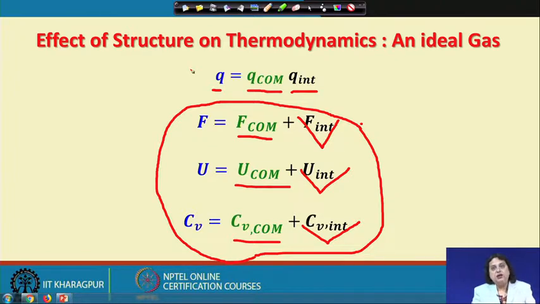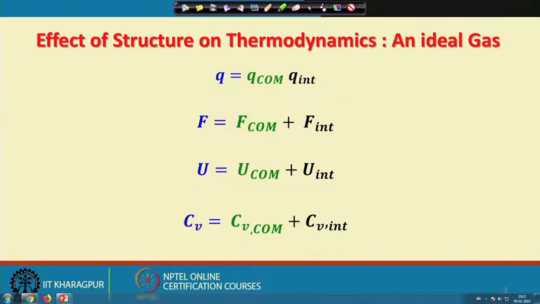Now, when I talk about classical mechanical description, obviously I cannot distinguish between an atom or a homonuclear or a heteronuclear diatomic molecule. It has to be a structureless particle like a billiard ball.